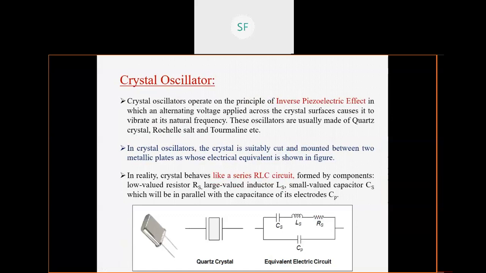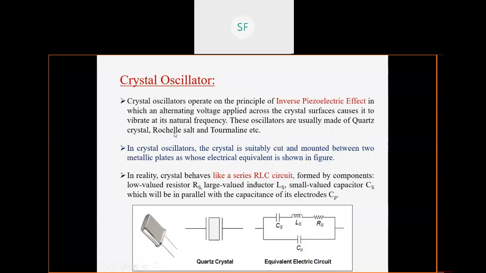I have just explained the concept that there are mainly three materials: quartz crystal, Rochelle salt and tourmaline. Among these three, tourmaline has the most strength, then quartz, then Rochelle salt. But the piezoelectric property is best for Rochelle salt, then quartz, then tourmaline. What is the disadvantage of using Rochelle salt? The strength is very weak.